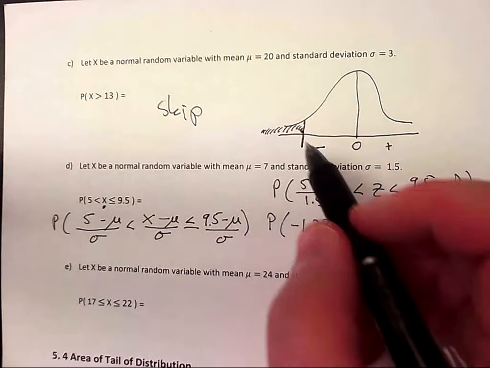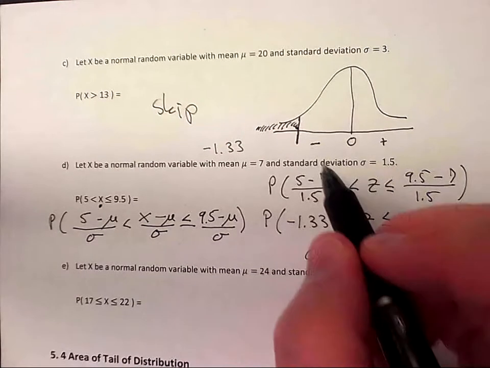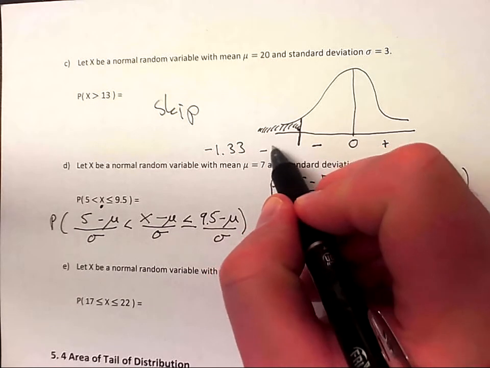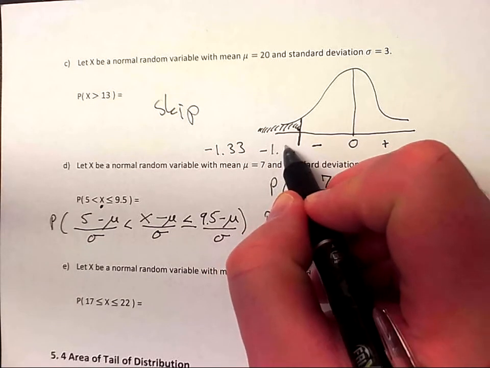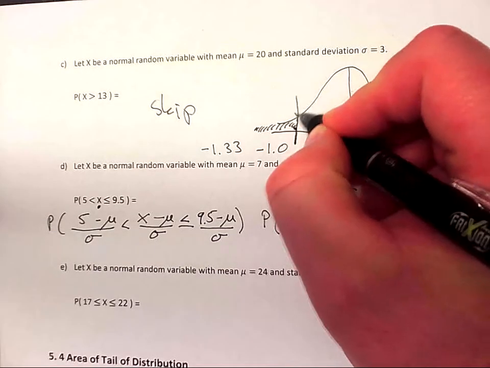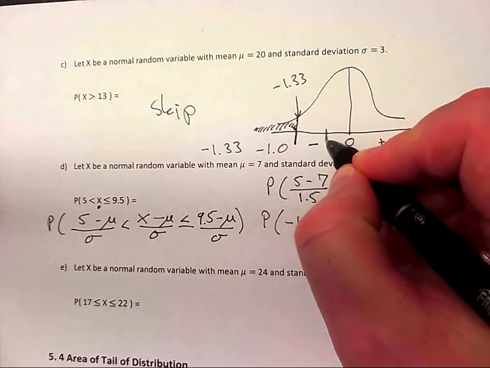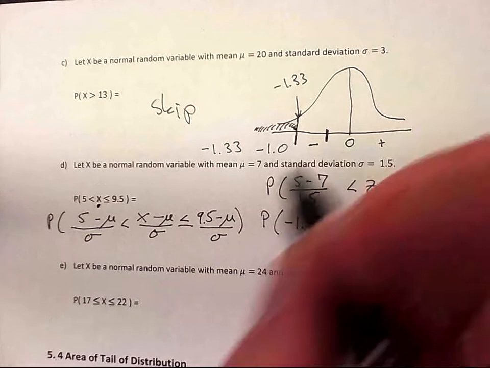So therefore, if we have a z value, let's just use negative 1.33, and we have a z value of, say, negative 1.0, well, negative 1.33 could be right here, but negative 1.0 is going to be to the right of it.